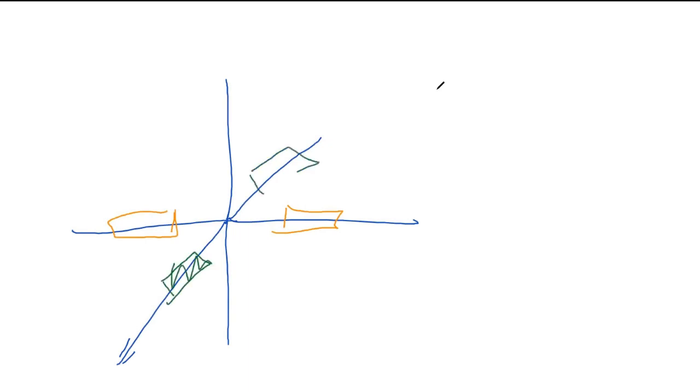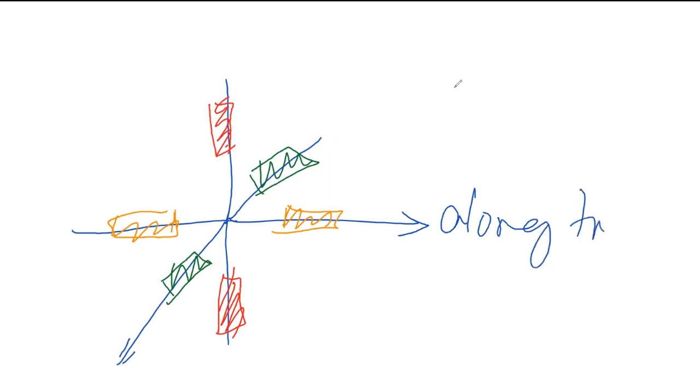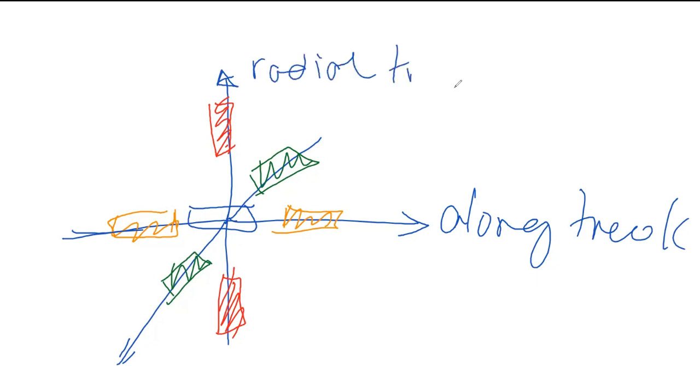Let's assume that this is the satellite. This is the along track, this one will be radial track, and it will be cross track.